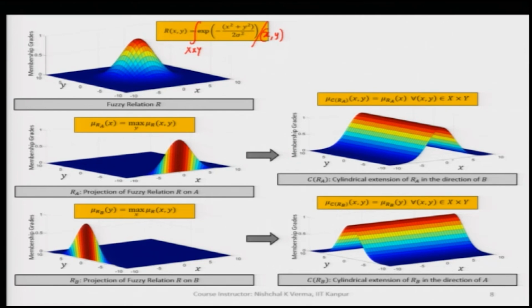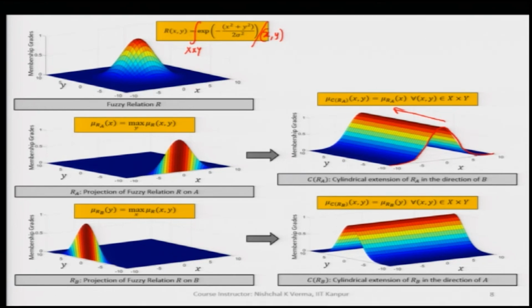We had only the original A fuzzy set here, and now you see that we are extending towards y. So, this y dimension is getting extended.